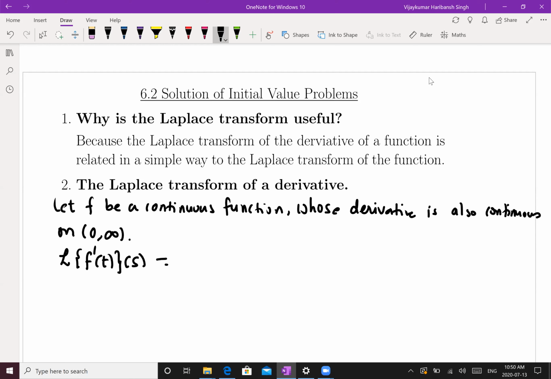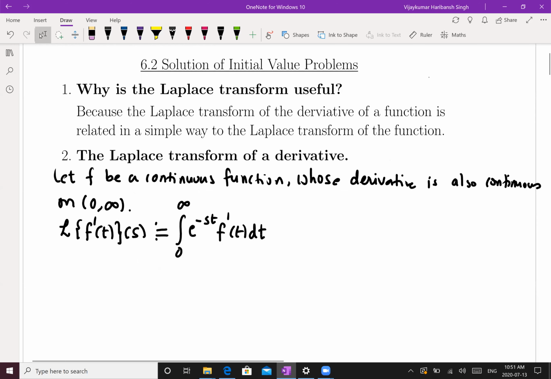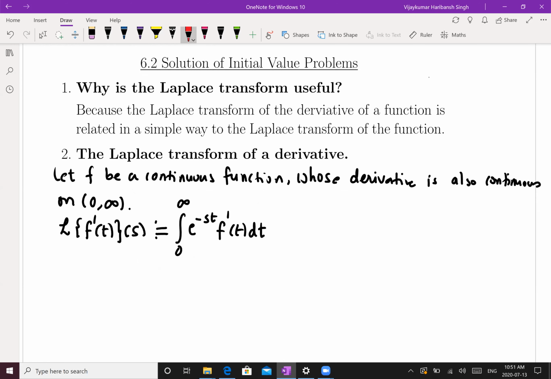By definition, that is the integral from 0 to infinity of e to the power minus st f prime t dt. Now we'll integrate by parts. So here you can take integration by parts.